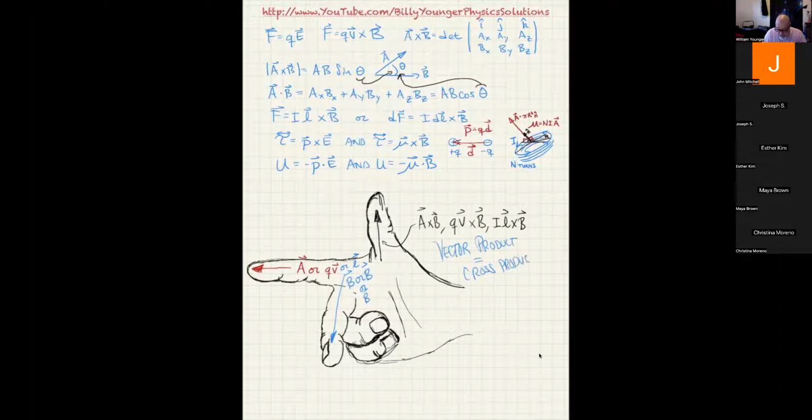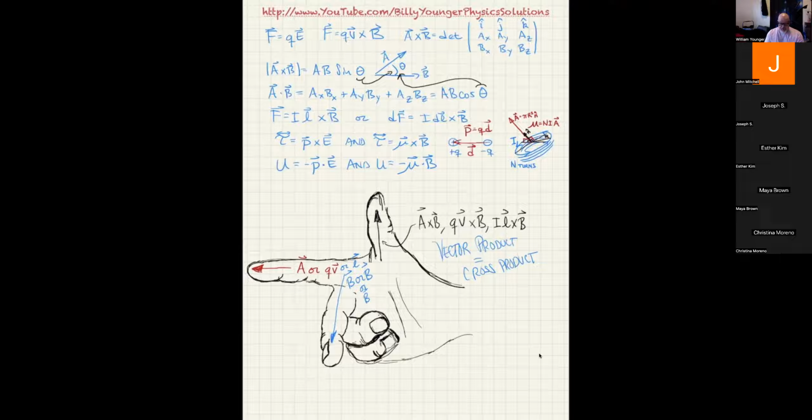Okay, we already studied a dot product, which is also called a scalar product. And in fact, you can see that in the equations above. But what I'm talking about right now is a vector product, i.e. a cross product. So if you take a cross product of A cross B, then you can figure out the direction of that answer, because the answer will be the direction that your thumb points.